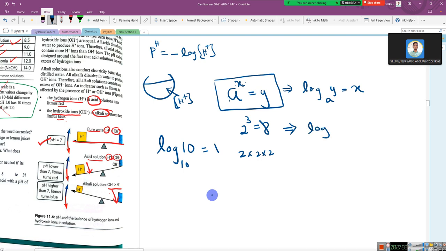Instead of a I have 2, instead of y I have 8, and instead of x I have 3. Why does 3 go at the end?